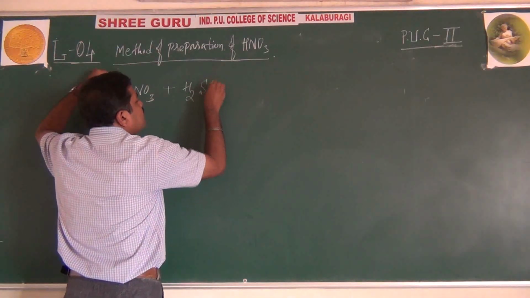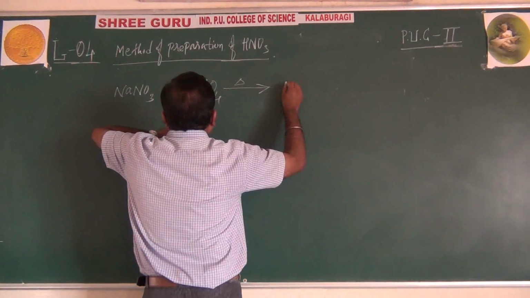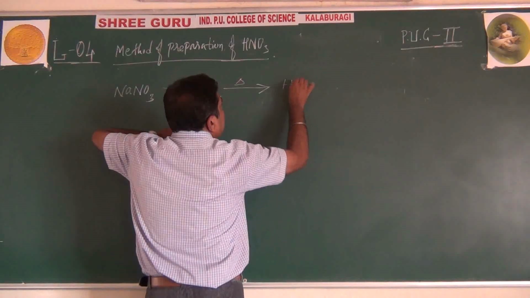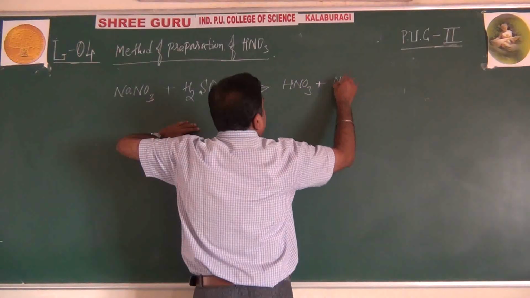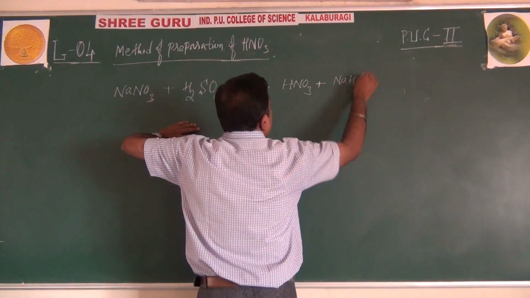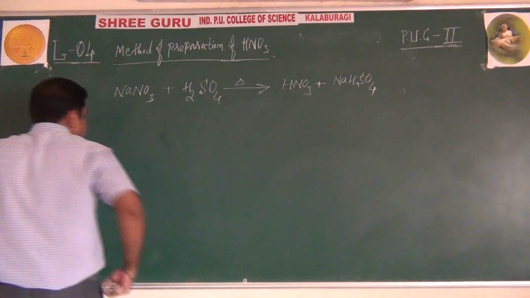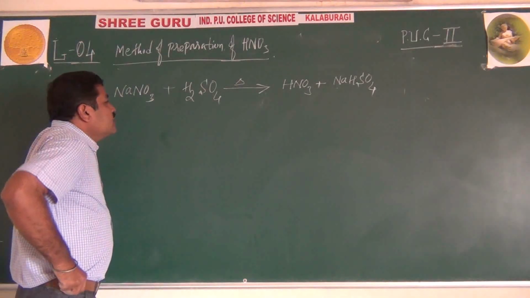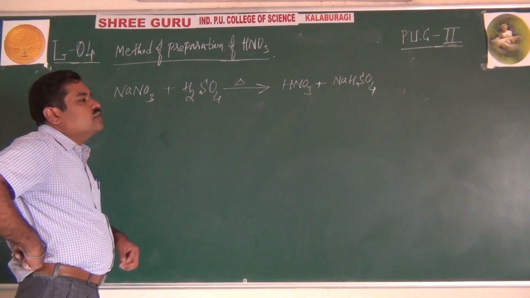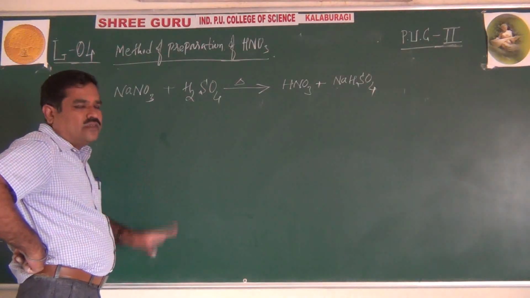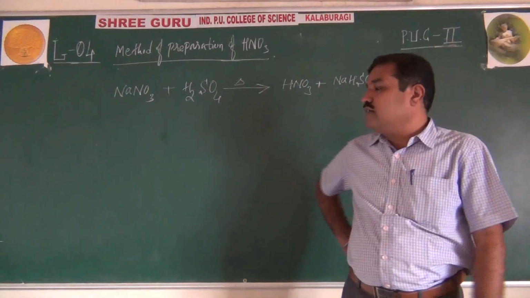If you heat it, we get nitric acid, HNO3, plus sodium bisulfate, NaHSO4. Further, if you take NaHSO4 and react with H2SO4, you will get the same nitric acid along with sodium sulfate. This is how we can prepare nitric acid in the laboratory.